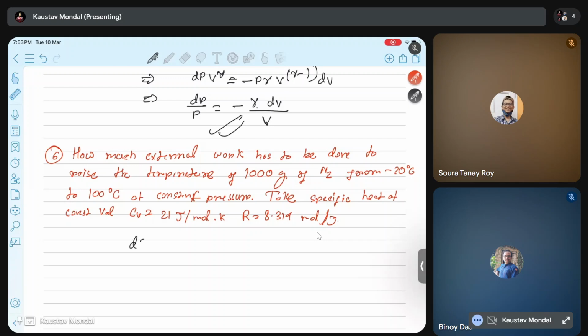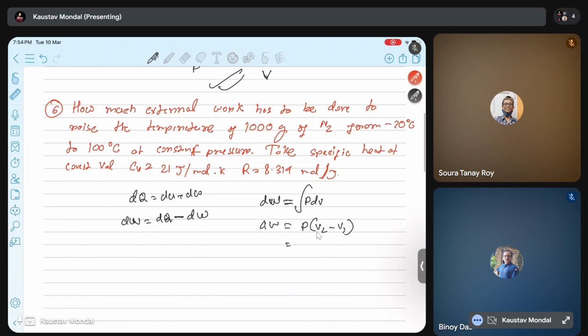So we know dq equal to du plus dw. So dw is basically dq minus du, so you can directly calculate this. Also, dw is already PdV, which means P into V2 minus V1, so PV2 minus PV1.